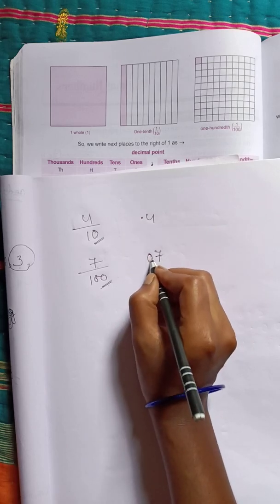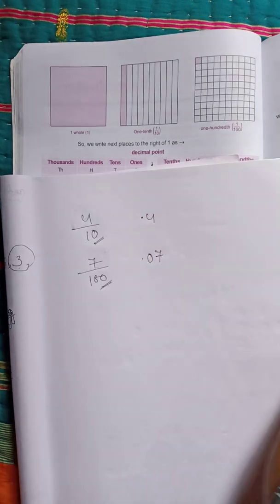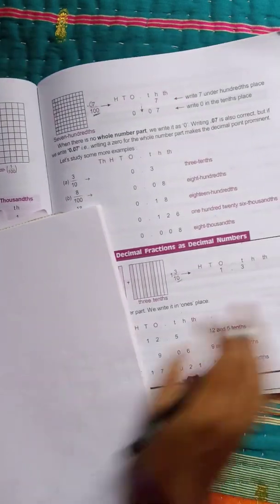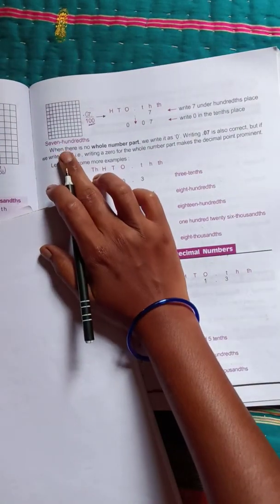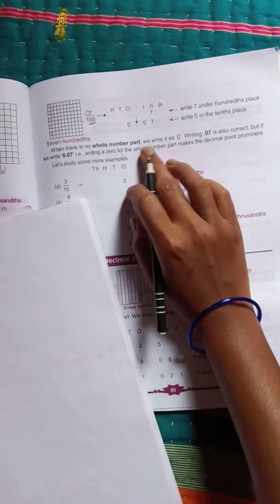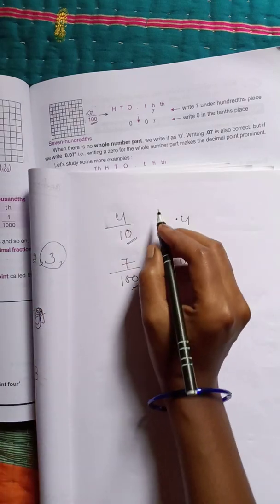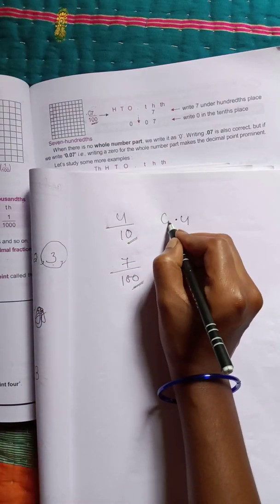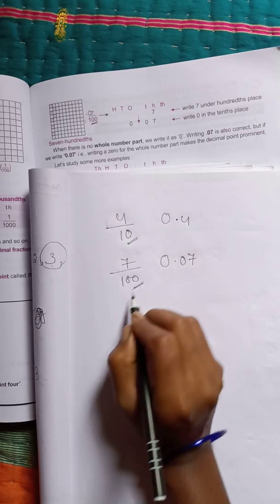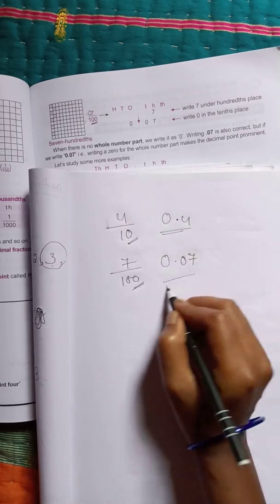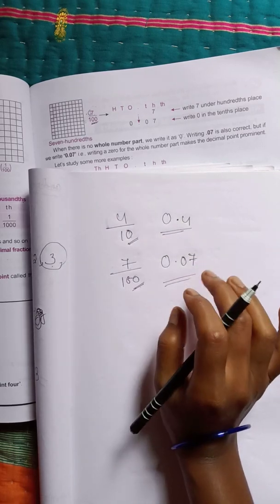So before 2 numbers you put the decimal point. The next, when there is no whole number part, we write it as 0. There is no whole number part, yes or no? So you write 0. So it is your full answer, or right answer.